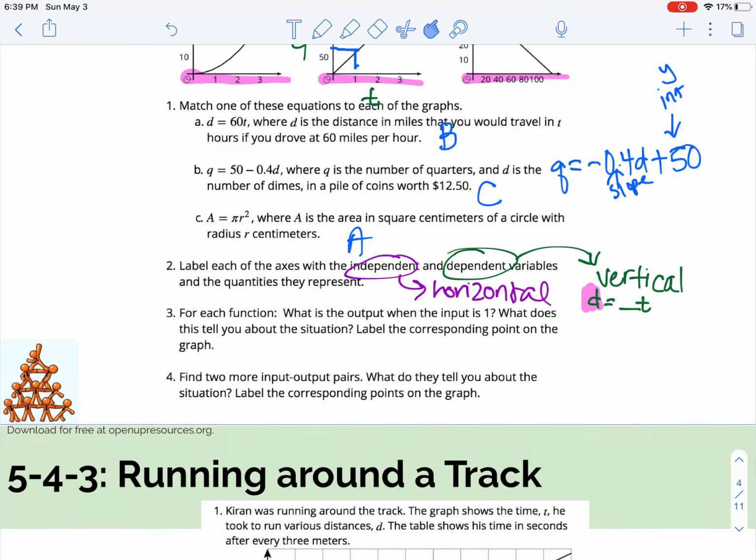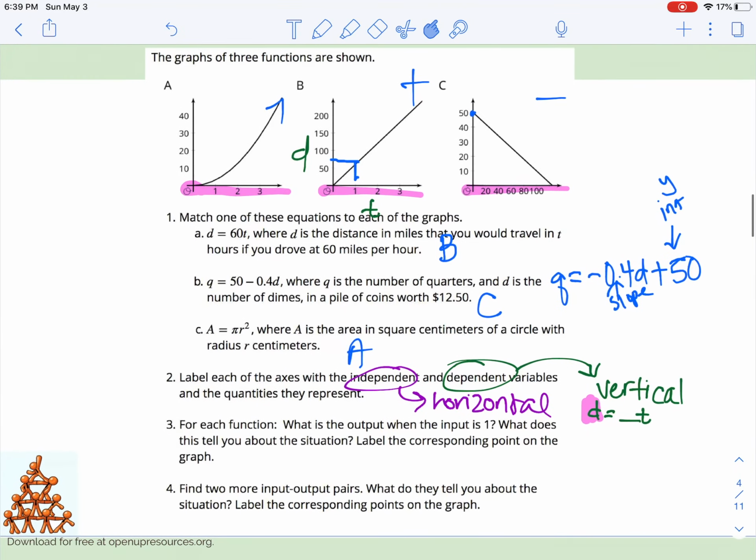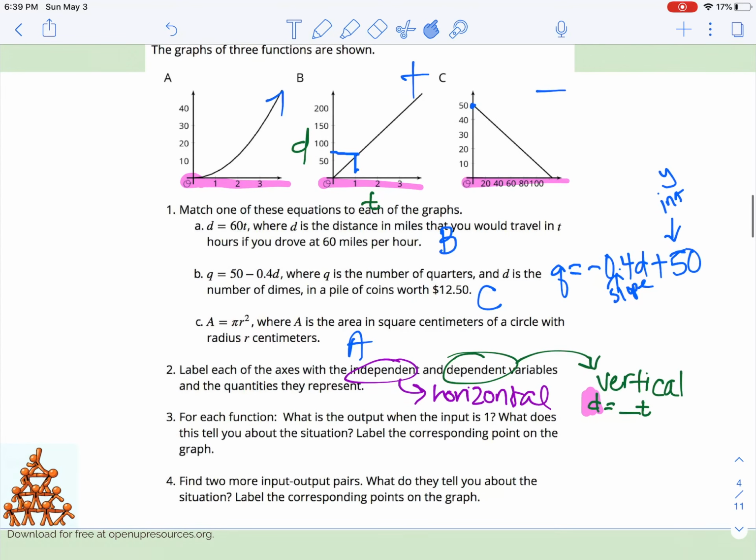Okay, so what's a good one? Let's look at the first one. So you have D equals 60t. They're saying input is 1. So our input is 1, that means that goes with t.